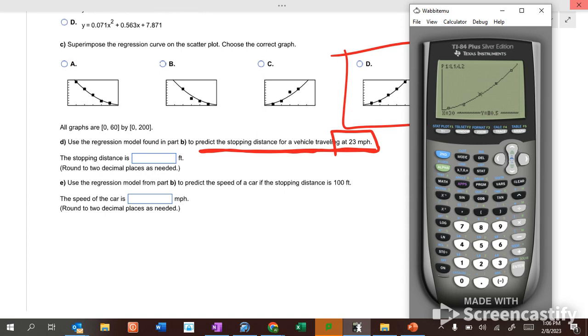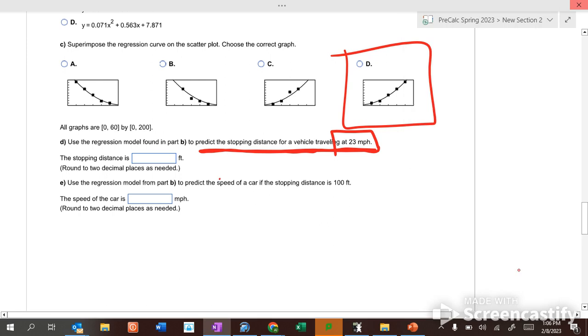I want to be on the line. So I'm going to push either my down arrow or my up arrow. Now I'm on my line. So if I go left or right, see how I'm actually on my line? Where do I want to trace to? Well, how many miles per hour? 23. So I click in 23 and hit enter. And I get 51.394. So my stopping distance will be 51.39 feet.